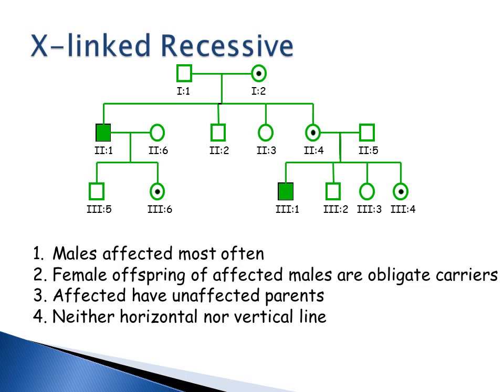This is an example of an X-linked recessive disorder, and you could see that females are carrying the disease and males are affected. So when you see a pedigree where it's almost all males, then you have to think X-linked recessive.